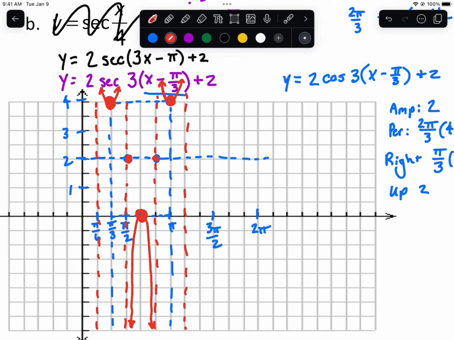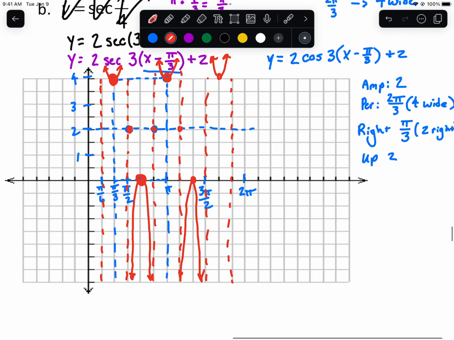If you follow that pattern right there, it's kind of like over 1 and up and down 4. Over 1 and up and down 4 right there. So there's another point for an asymptote. And then here's another min point right there. Should have an asymptote here as well. And just continue your pattern. I think this one would start up kind of like that. It's a real kind of skinny looking graph there.